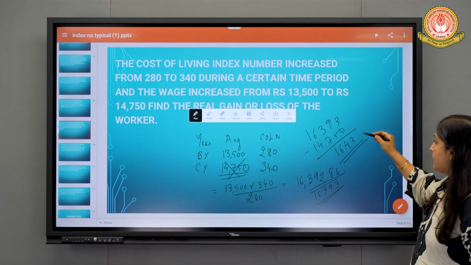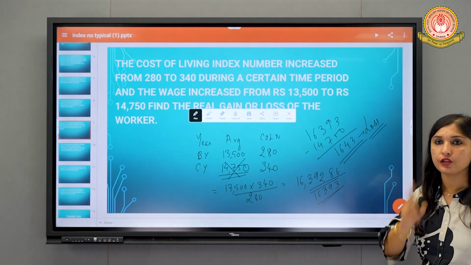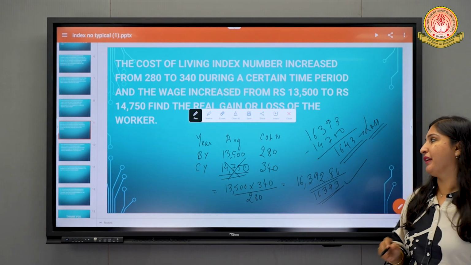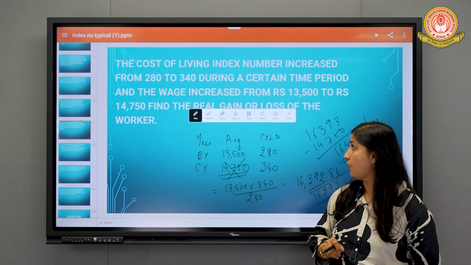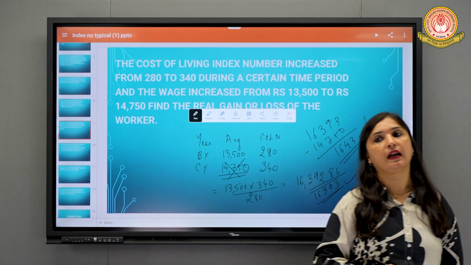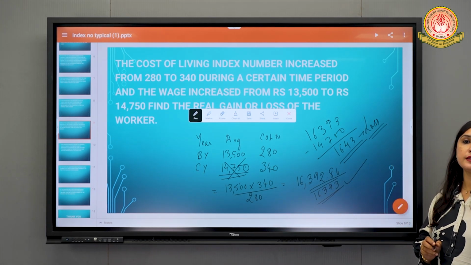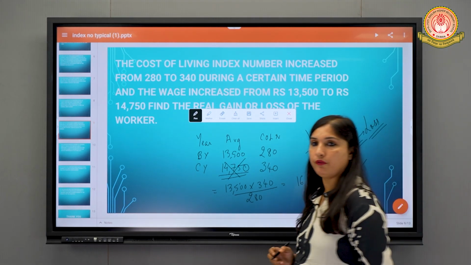So this is his loss, because he should actually get 16,393, but the employer is offering him only 14,750, which is not sufficient to sustain his life, and he is getting a loss of 1,643. Is it clear to everyone?